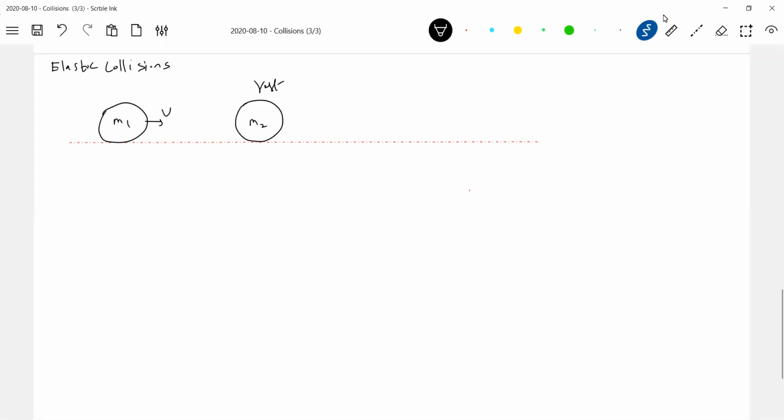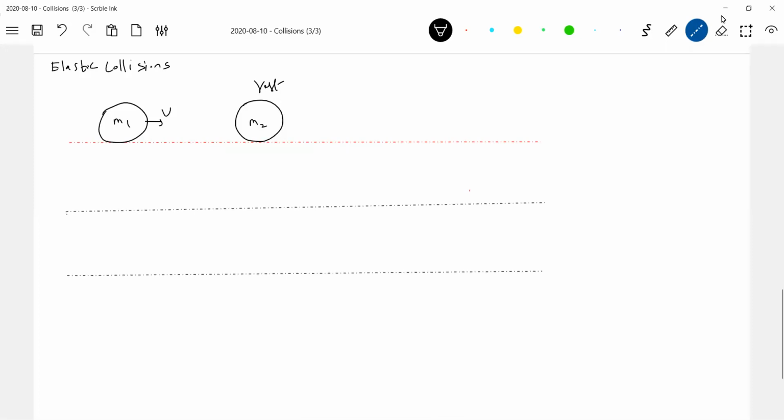So let's analyze the elastic collision. These are perfectly elastic bodies. So this will come and collide. We have to search for what all happens here.